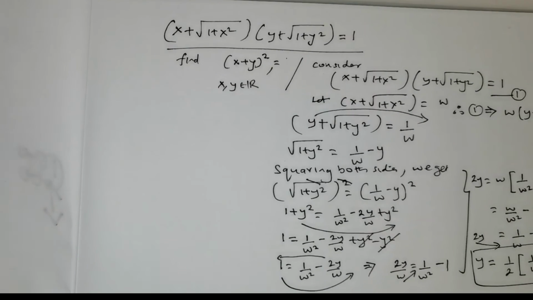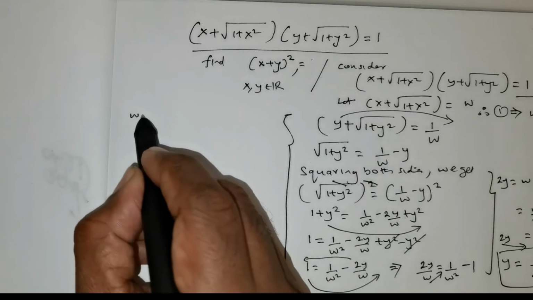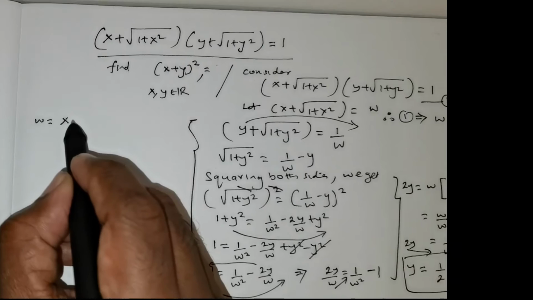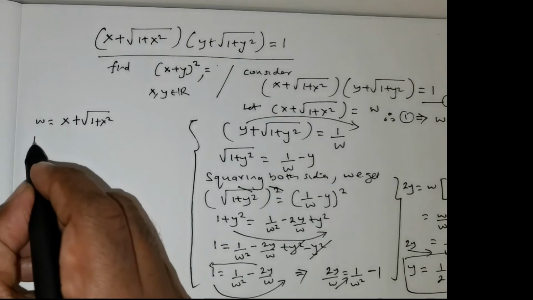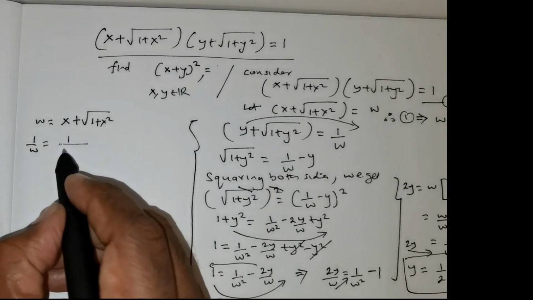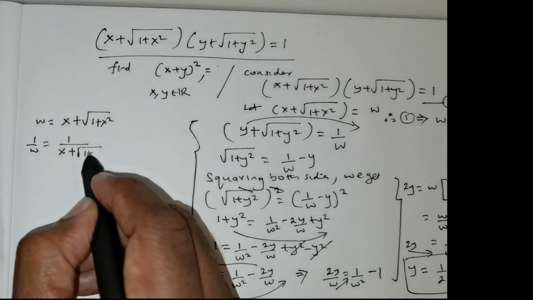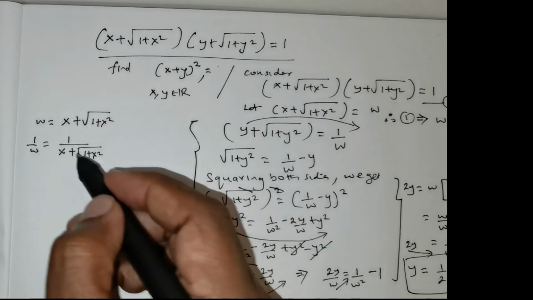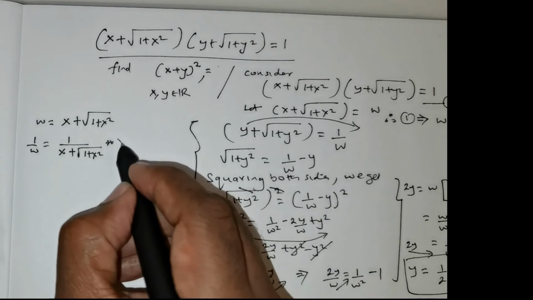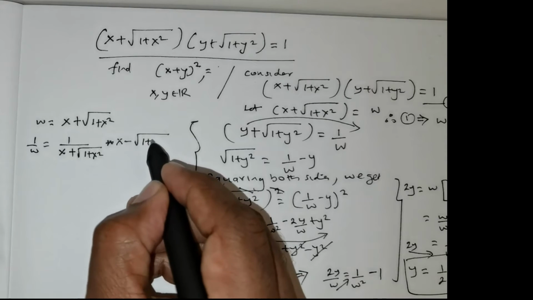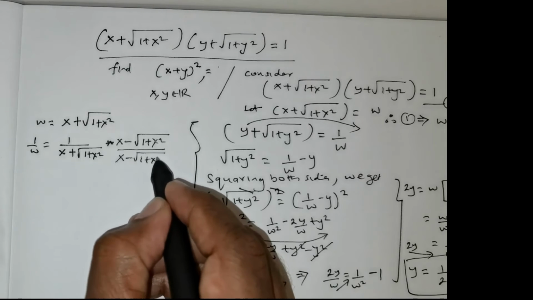So now let me just use this side. If you remember, I have considered w to be equal to x + √(1 + x²). Clearly 1/w would be equal to 1/(x + √(1 + x²)). Now I'm going to rationalize this, multiplying by x − √(1 + x²) and dividing by x − √(1 + x²).